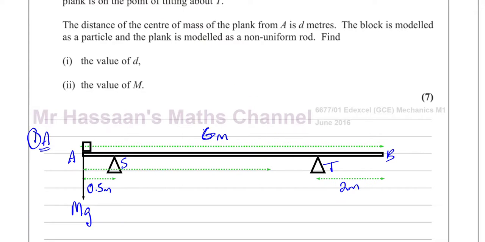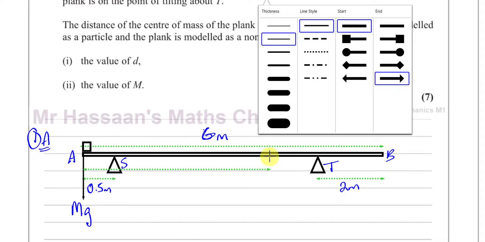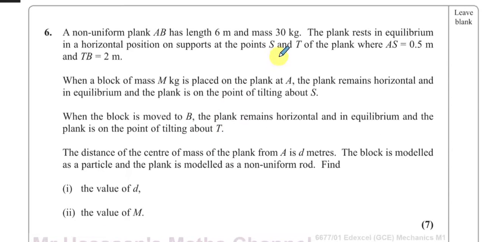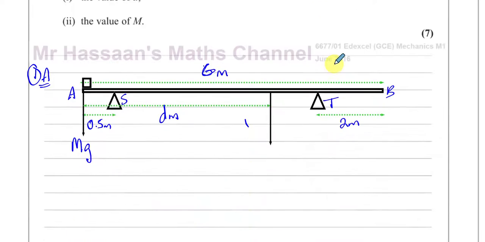So this is where the weight is acting, and it's d meters from A. Now the weight of the plank is 30g newtons, acting at this point here, which we don't know. This is one of the things we have to find.